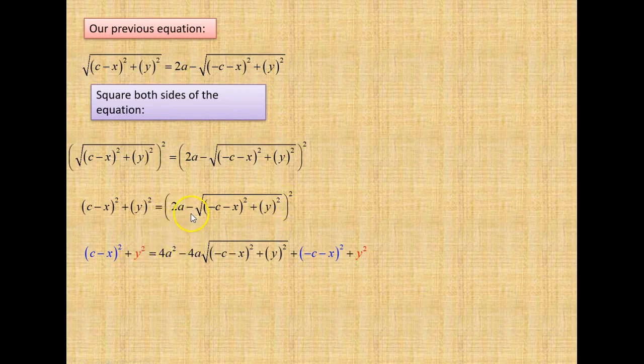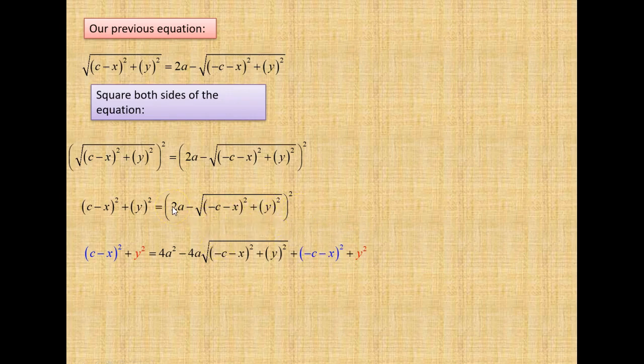And we square the right side, we get 4a squared minus 4a times the square root of this quantity, plus the square of (minus c minus x) squared plus y squared.